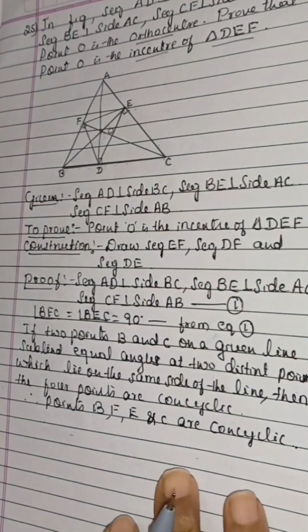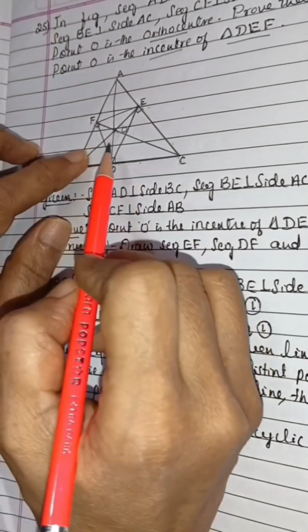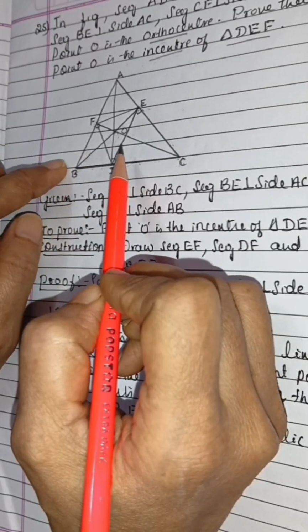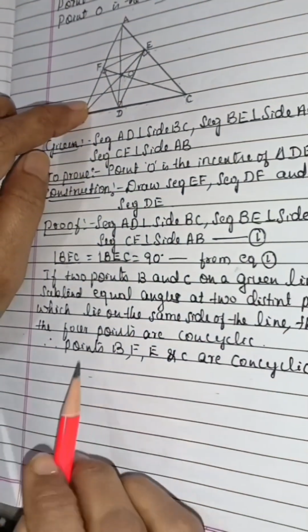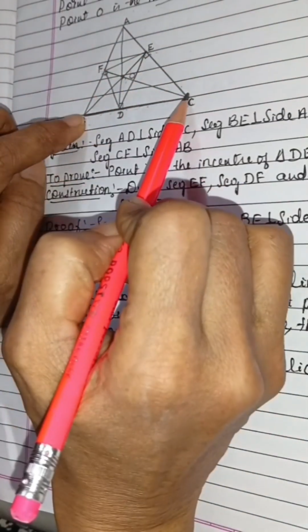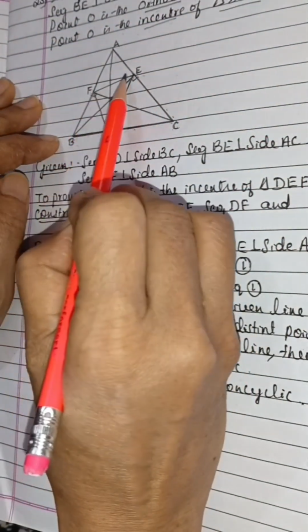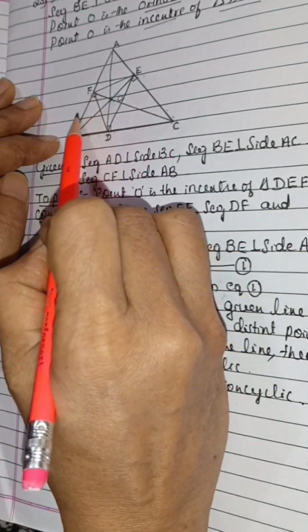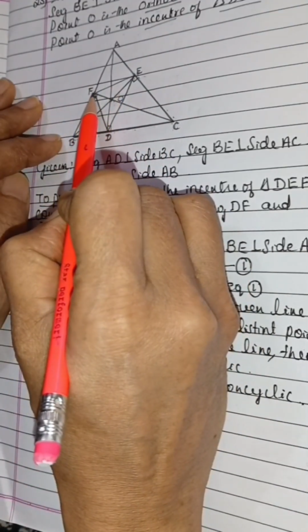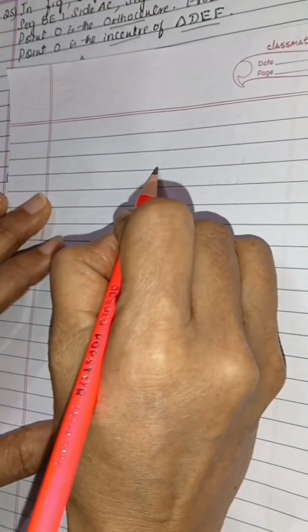Okay, now in this, see, points B, F, E, C are concyclic. Concyclic means what? Concyclic means all 4 points should be on the circumference of a circle. If you draw a circle like this, okay, this figure, let it be like this only. We'll draw another figure here, a rough figure.